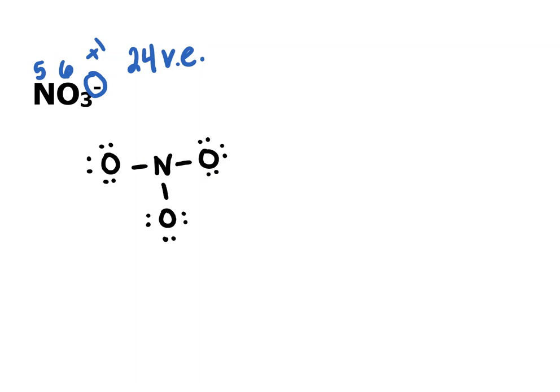And the problem is if I look at nitrogen, nitrogen right now only has 6. So I need to do my trick, move in a lone pair and make a double bond. And I could do that with any of these oxygens. So I'm going to do that for each one.